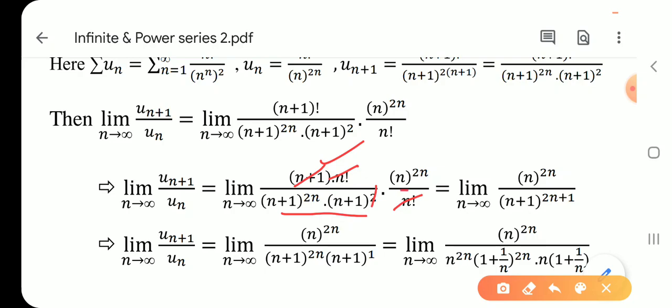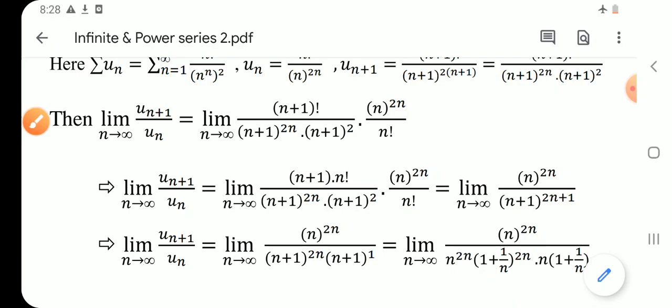Here n factorial cancels. One of the n plus 1 cancels here. So what remains? N to the power 2n. Here one n plus 1 is there, here n plus 1 to the power 2n is there. Bases are same. When we add the powers, we get n plus 1 to the power 2n plus 1. Still let us simplify further.